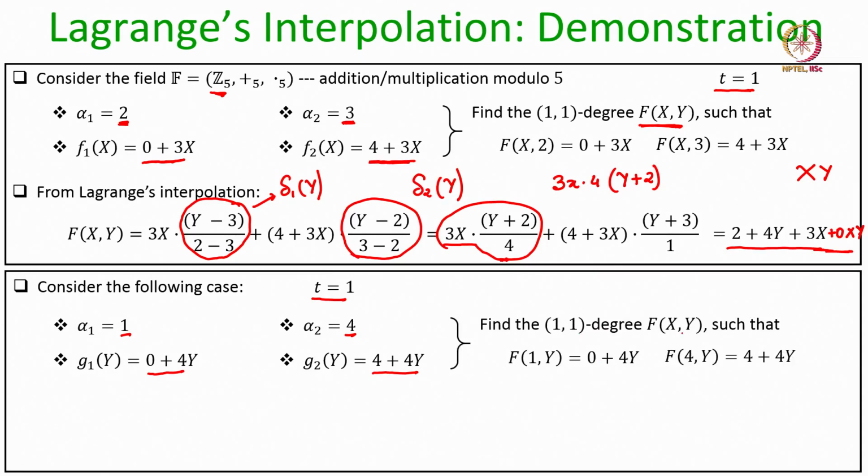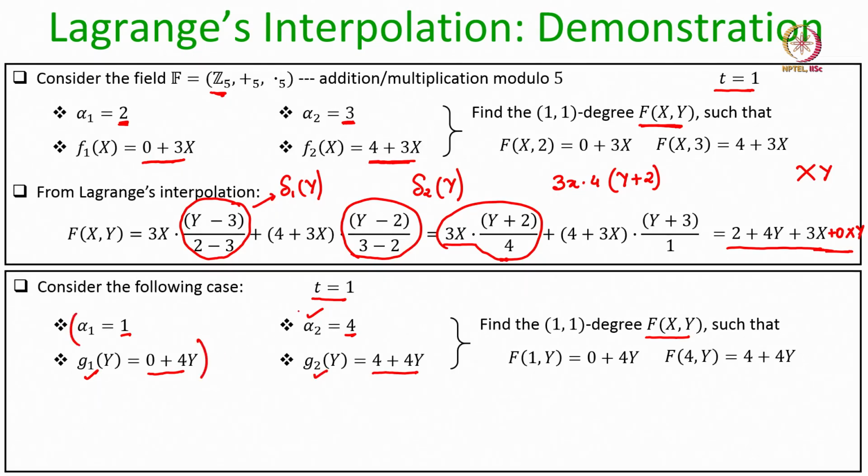And my goal is to find the unique bivariate polynomial of degree 1 in both the variables, which when evaluated at the first evaluation point gives me the first given univariate polynomial, and which when evaluated at the second evaluation point gives me the second univariate polynomial.